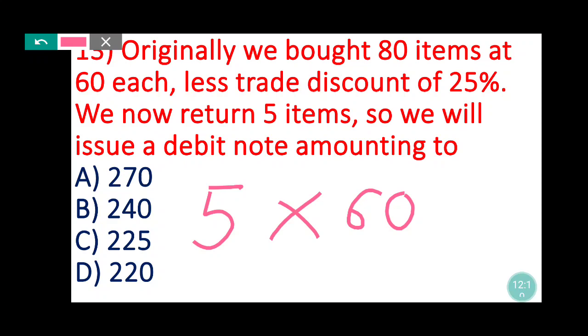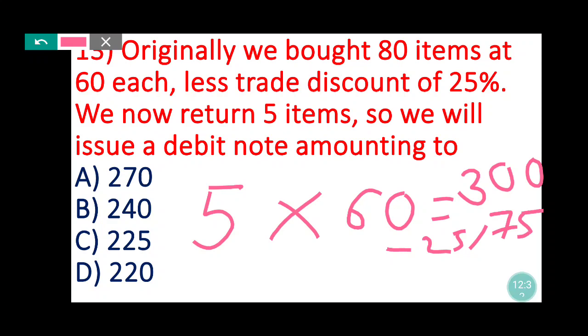So 60 into 5 is 300. The discount when we purchased goods was 25%, so at the time of returning also we have to deduct the discount. So 300 less 25% of 300, that is 75. 300 minus 75, goods are 225.